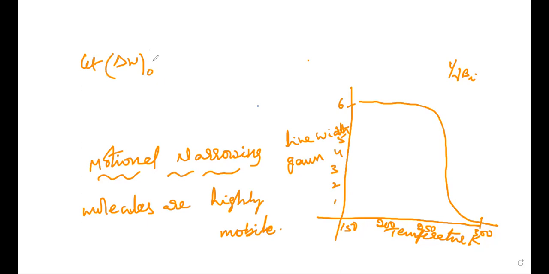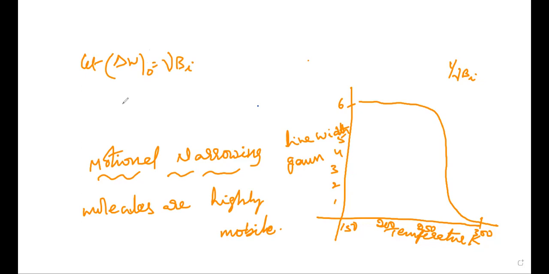So delta omega naught is equal to gamma Bi, from Bloch's equation. Here gamma Bi denotes the local frequency deviation due to the perturbation Bi.